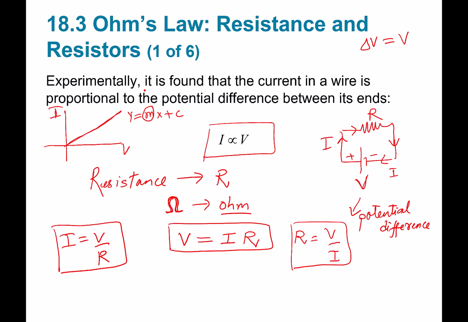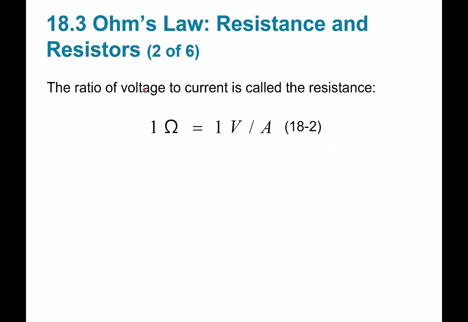So for all devices, for all metal conductors, all metal conductors obey Ohm's law. So I versus V or V versus I. We can plot it either way. We get a straight line, slope of a straight line y is equivalent to mx plus b. The slope m is simply R if I plot V versus I.